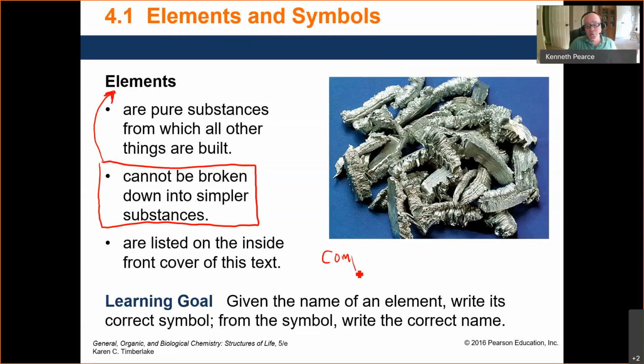A compound, which is two or more joined together, can be broken down. But that's important, okay? So don't get the two confused. Elements cannot be broken down into simpler substances, okay?